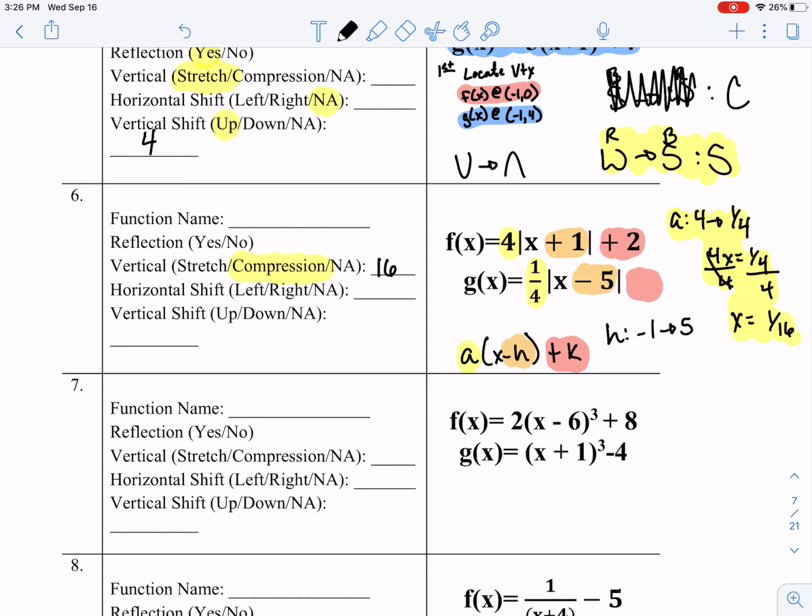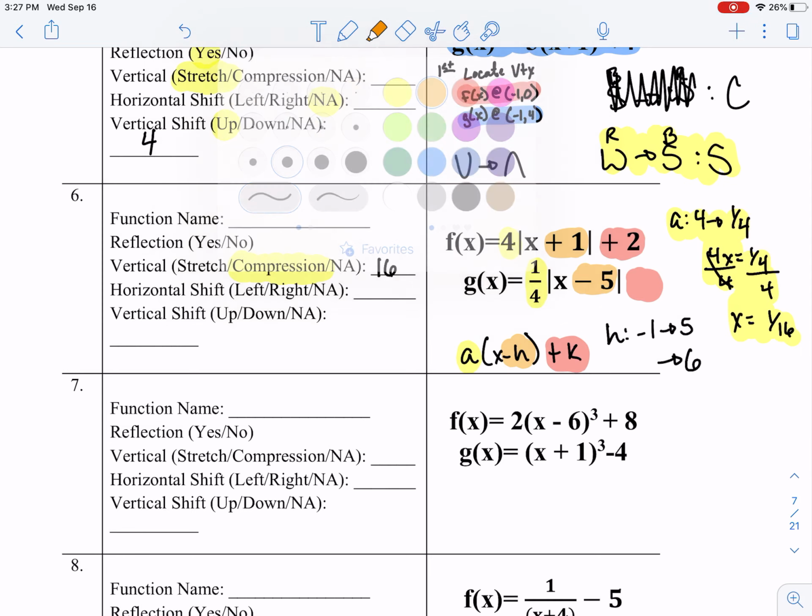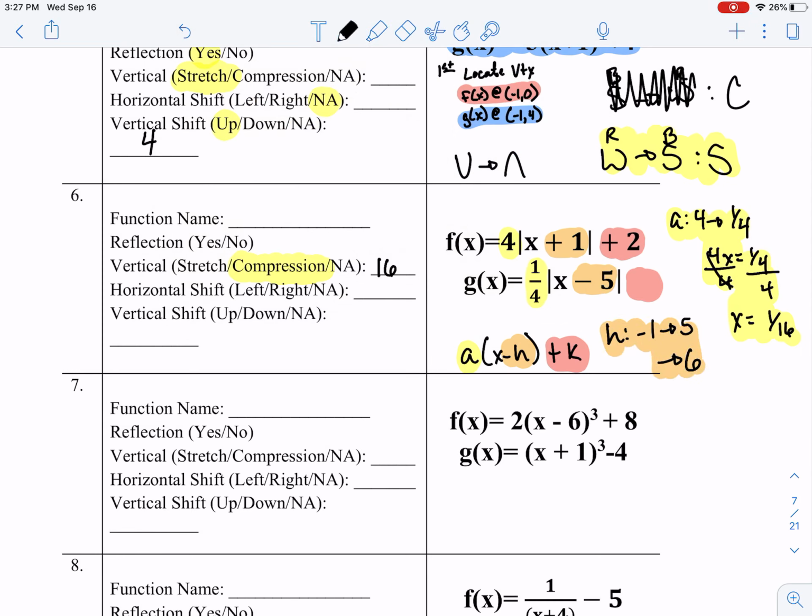So how do I get from -1 to 5 on a number line? Well, I go to the right 6. And this is my horizontal shift to the right 6.